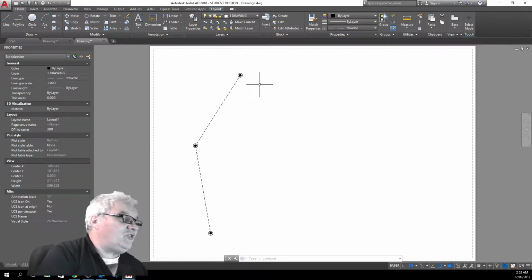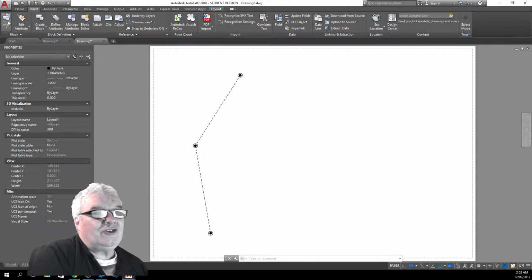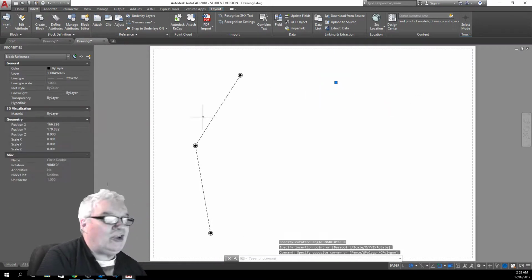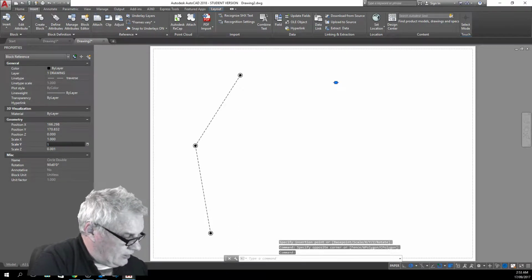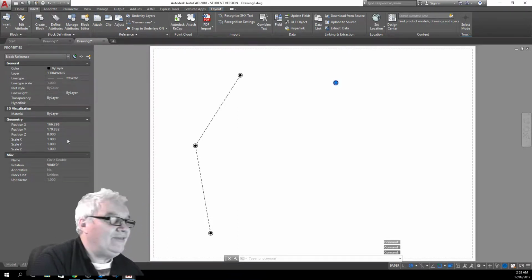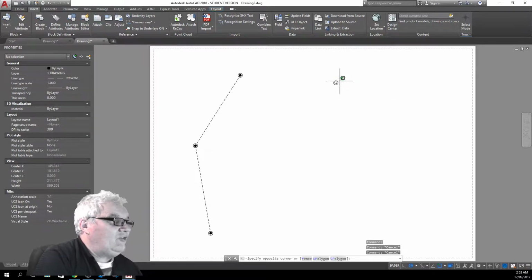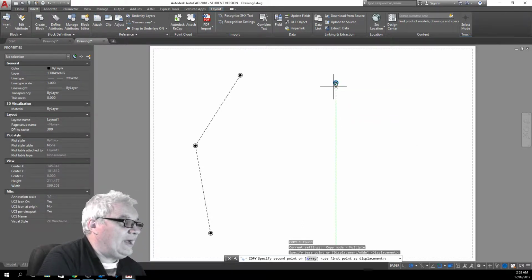The next step is to put some traverse marks in. I'm going to use this double circle here, which is very small because I need to change the scale of it in AutoCAD, and there you go. That's a pretty good size. So let's put a few of those marks in.